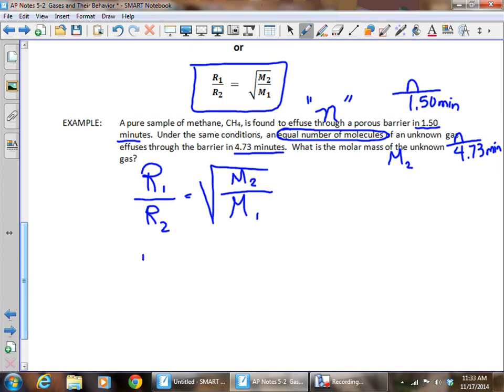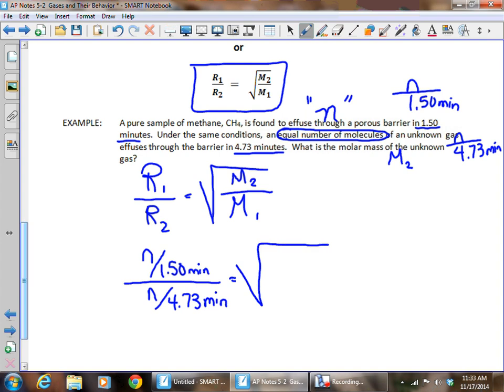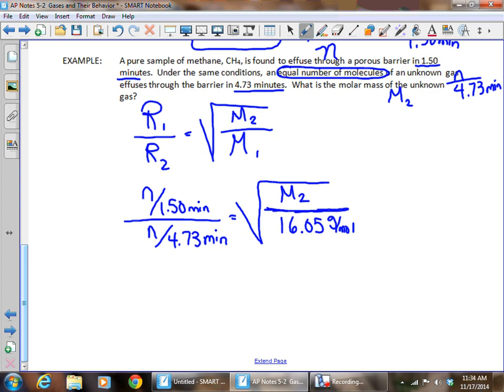I'm going to have N over 1.50 minutes divided by N over 4.73 minutes is equal to the square root of the molar mass of M2, which is what I'm looking for, over the molar mass of the first substance, which is CH4, which is going to be 16.05 if you add up its molar mass. And it doesn't matter if it's grams per mole or kilograms per mole, because we'll end up with those units in the end anyway, so we can always convert them at the end.